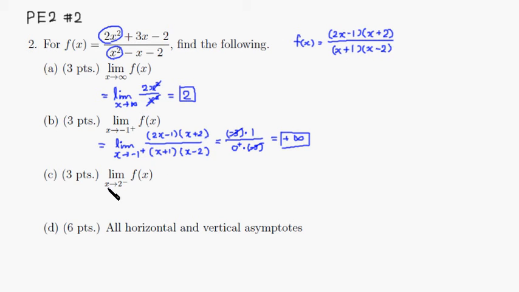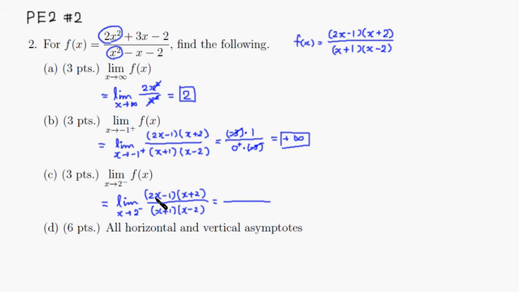How about x approaches 2 from the negative side? It's the same deal. We take the limit as x approaches 2 from the left of the quantity 2x minus 1 times x plus 2 over the quantity x plus 1 times the quantity x minus 2.